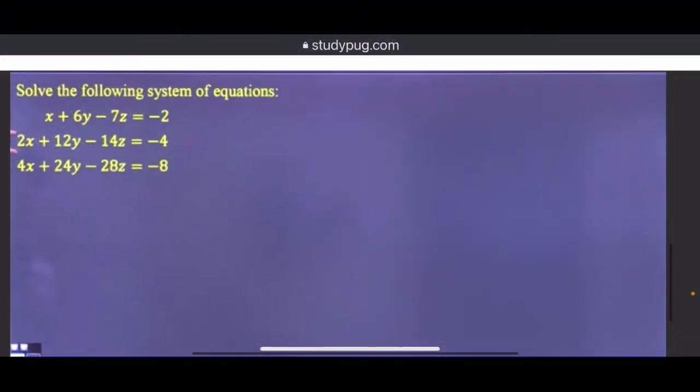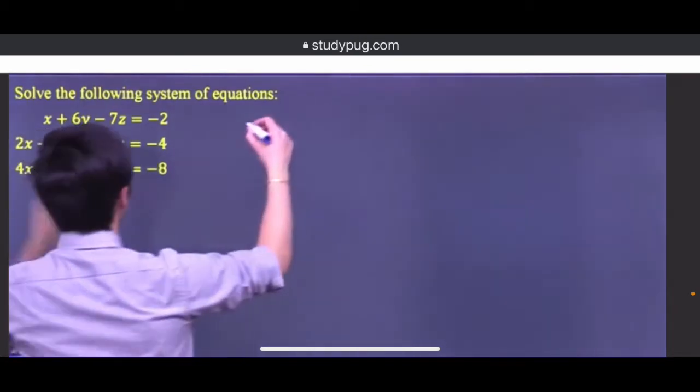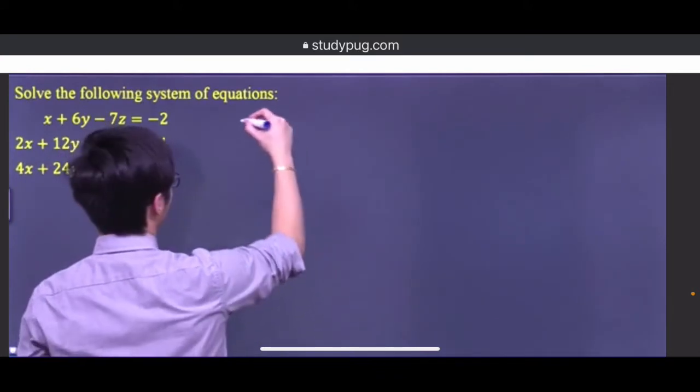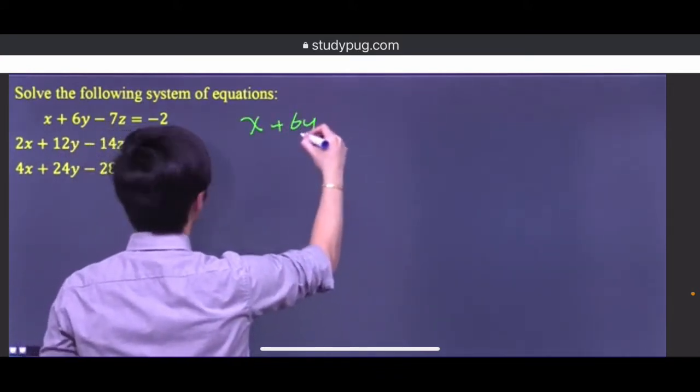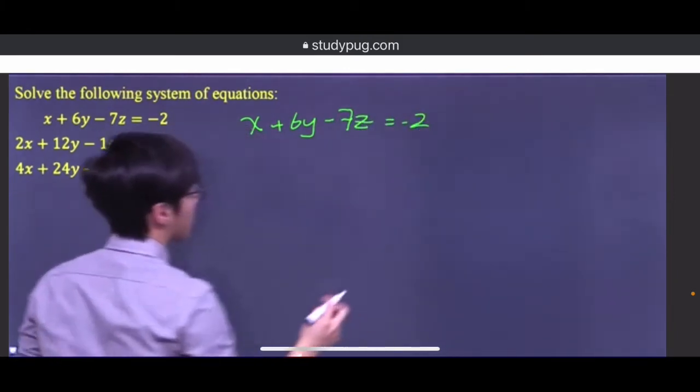Actually, the second and third equations are indeed multiples of the first equation. And why is that? Let's take a look. Here, the first equation states that x plus 6y minus 7z equals negative 2, right?